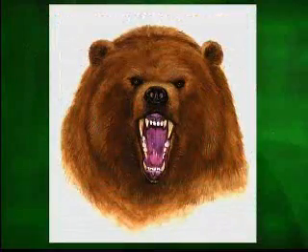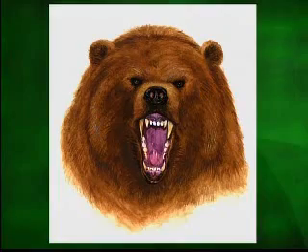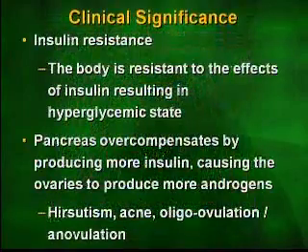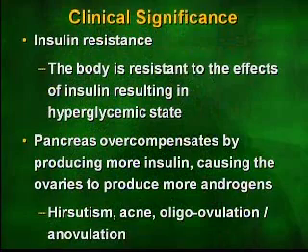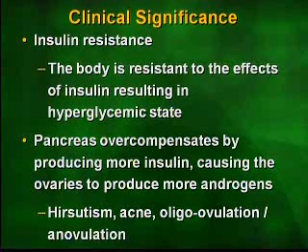So, PCOS is a real big booger bear. The clinical significance is the vicious cycle that these women experience. They have insulin resistance where the body is resistant to the effects of insulin, resulting in a hyperglycemic state.